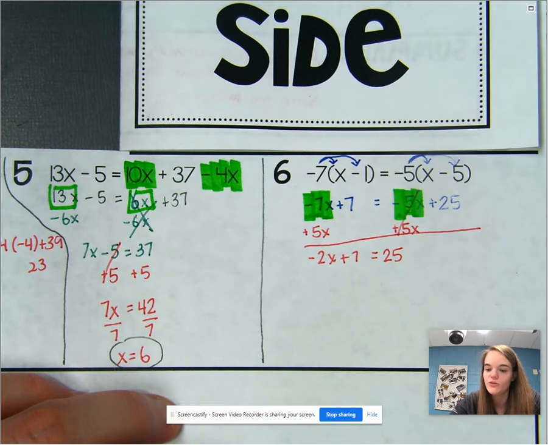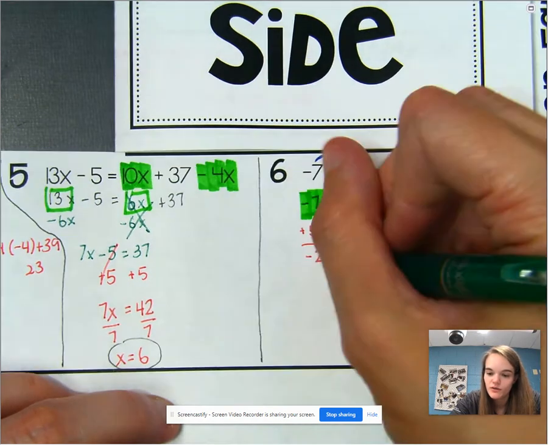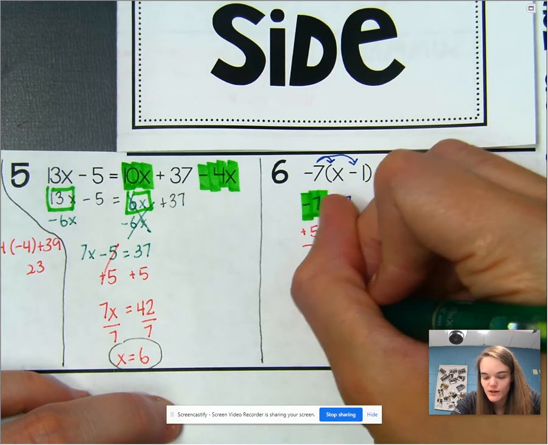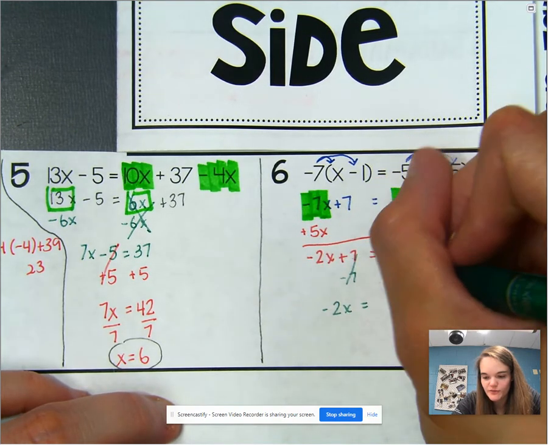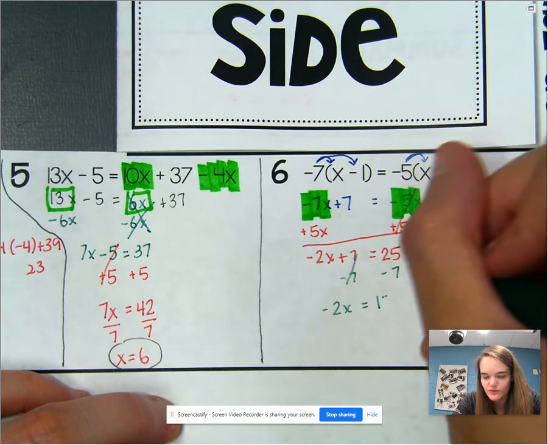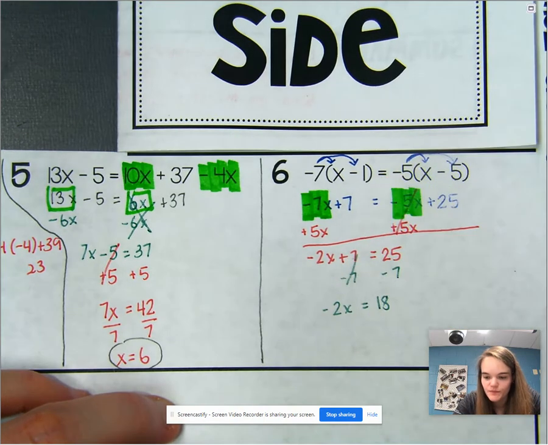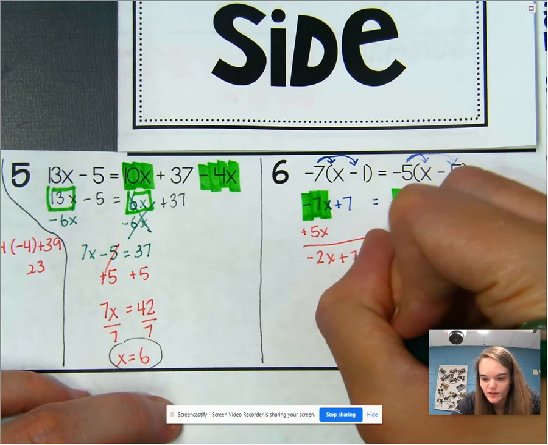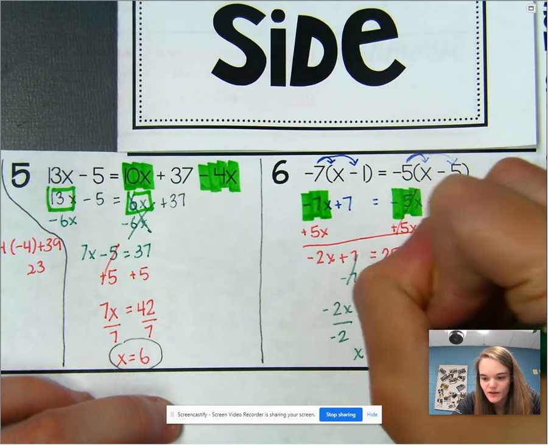Again, it's now a two-step equation. So subtract 7, negative 2x equals 25 minus 7 is 18. Divide by negative 2, and x equals negative 9.